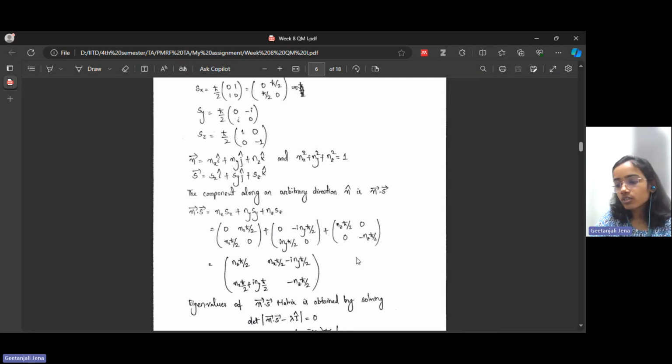So now you need to find out the eigenvalue of this matrix equation. For any matrix, you can find the eigenvalue by taking the determinant of n dot s minus lambda and equating it to 0.